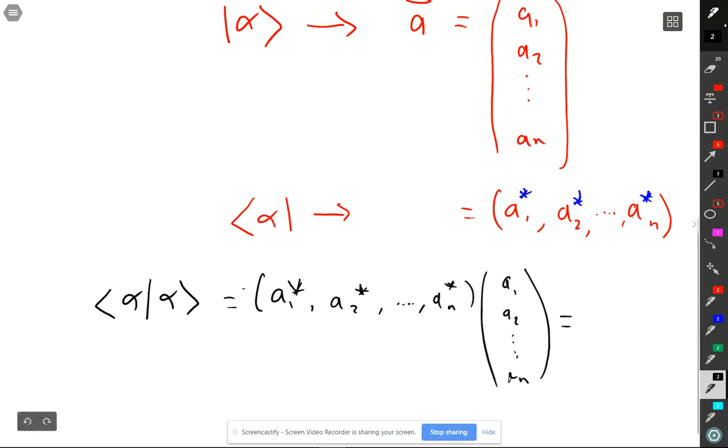So when I do this, I'm going to have A1 star A1, first one times first one. And then I go to the second element in each one, plus A2 star A2, plus dot, dot, dot, plus An star An.